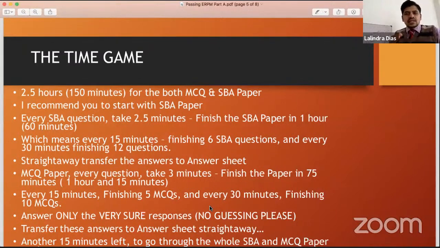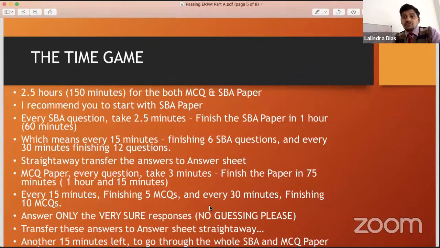So some students start with the MCQ paper, some students start with the SBA paper. But guys, I give you a strong recommendation for your own benefit. Start with the SBA paper, the single best answer paper. Then you will effectively utilize these 150 minutes. Why? That's a morale booster.